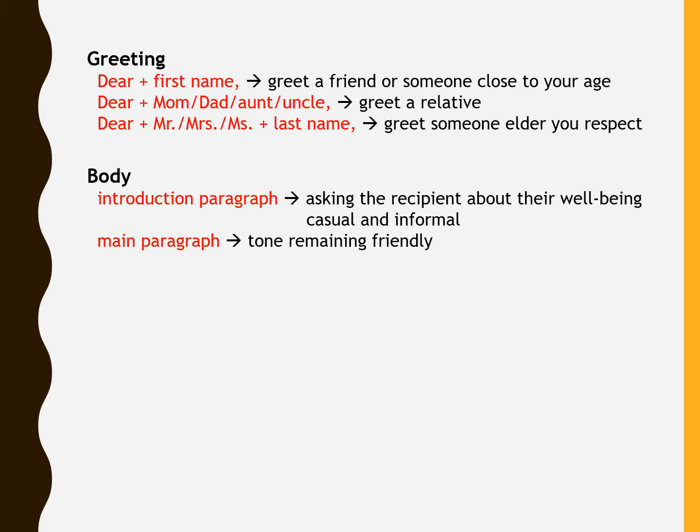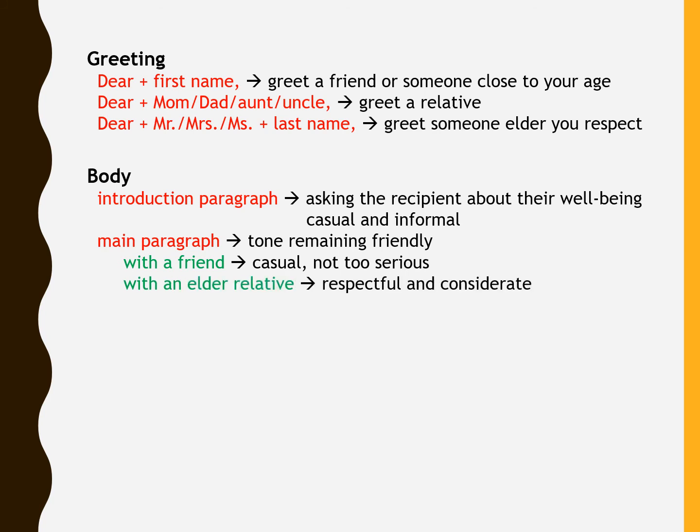But keep in mind that it is a bit more casual when the recipient is your friend, and more respectful when you write to an elder relative. The last part of the body is the conclusive paragraph, where you may invite the reader to write back or reply to your letter.